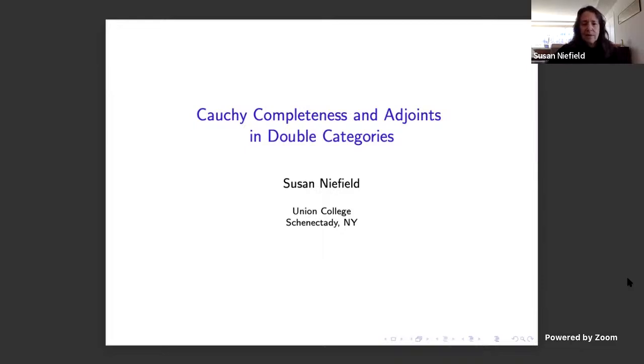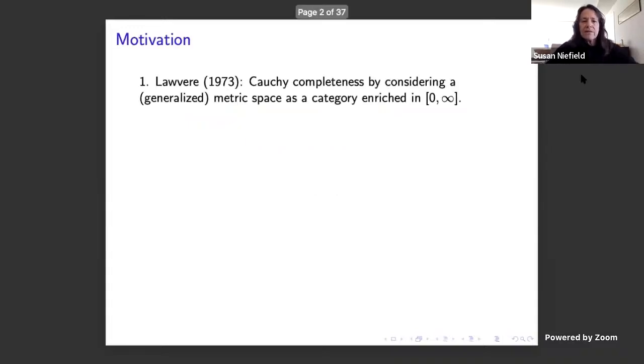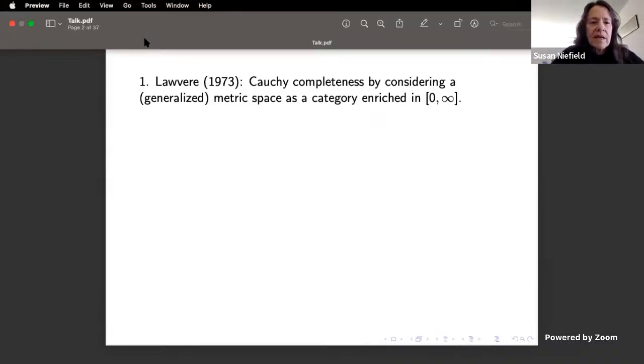Oops. It's not advancing. Do you want to try exiting from full screen and seeing? There it goes. Oh, okay. There, great. Yes, thanks.